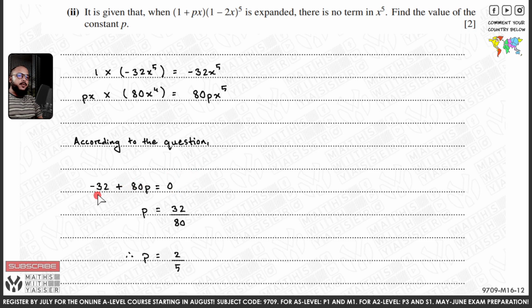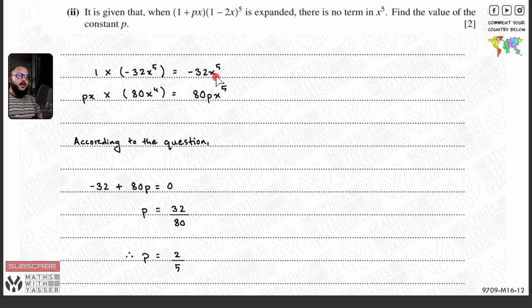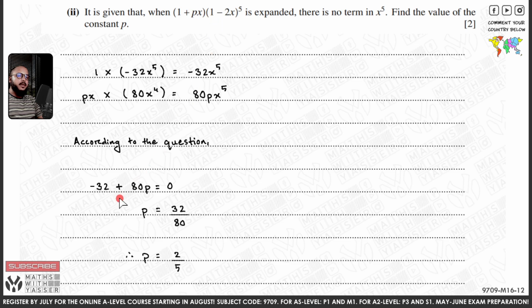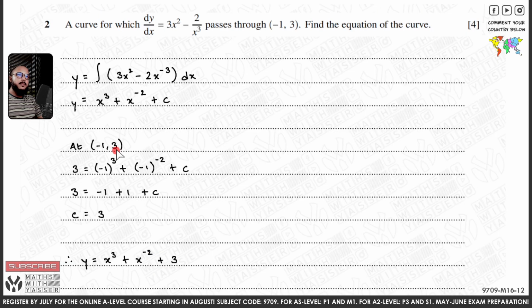Because negative 32, the coefficient of x to the power 5 for the expansion of this whole thing, which is negative 32 plus 80p, is 0 because there is no term in x to the power 5. That way, we can say that p is equal to 32 over 80. Therefore, p is equal to 2 over 5.